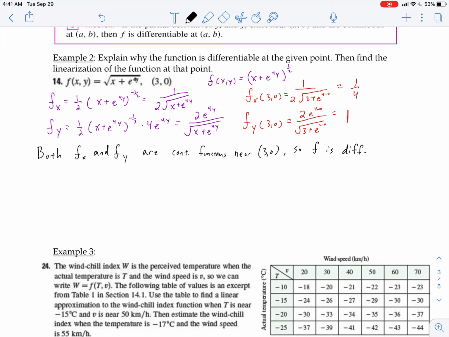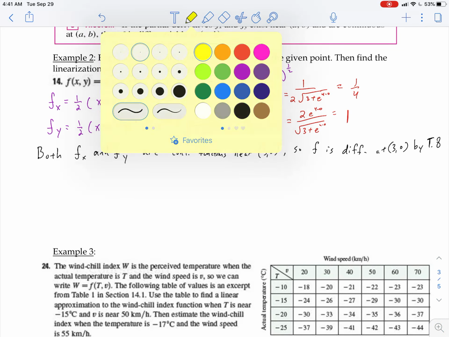So f is differentiable at (3, 0) by Theorem 8. I'm just going to put capital T 8, just so I can save some room.